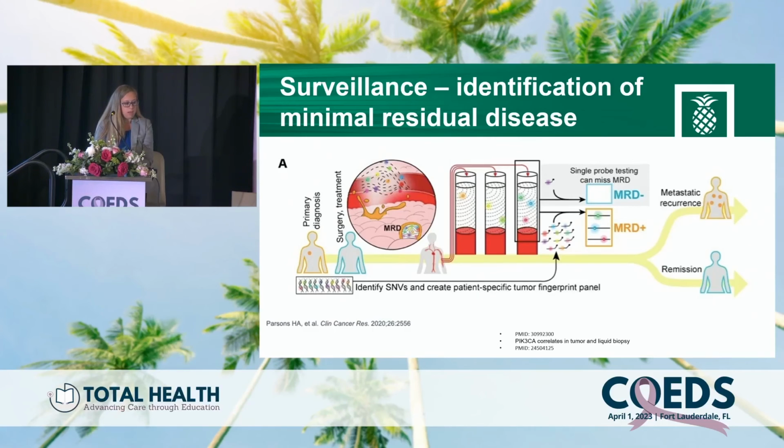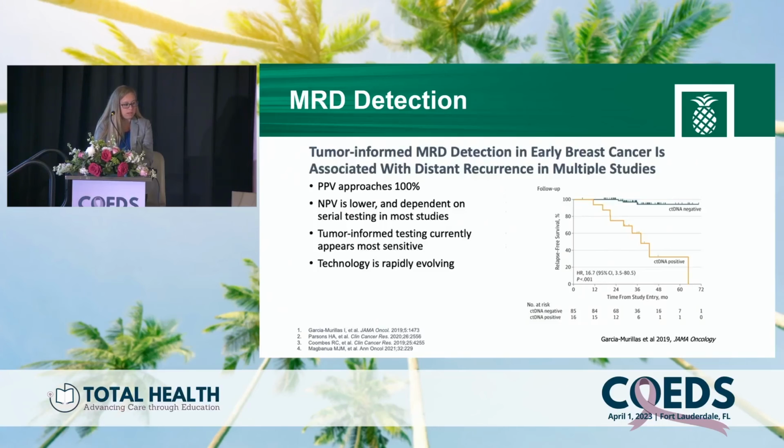And I think nobody doubts that it's important in terms of prognosis whether or not you detect minimal residual disease in the adjuvant setting. We know that those with ctDNA positivity have a higher chance of relapse, and the positive predictive value is very good. The negative predictive value is lower, and it may just be because they're not shedding tumor into the bloodstream, and so that's why the Signatera assay recommends that you do multiple blood draws to look for this.